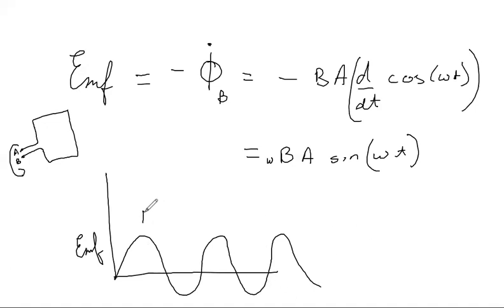The period would be 2 pi over omega, as usual. And the max EMF would just be this prefactor, omega times B times the area of the loop.